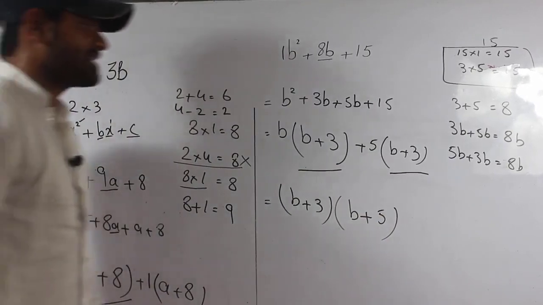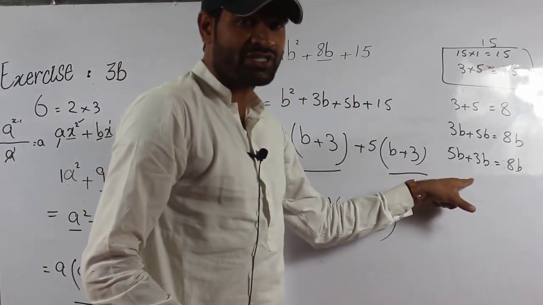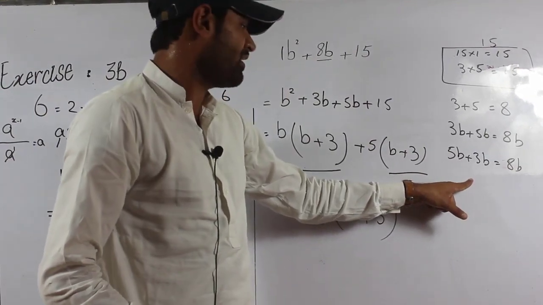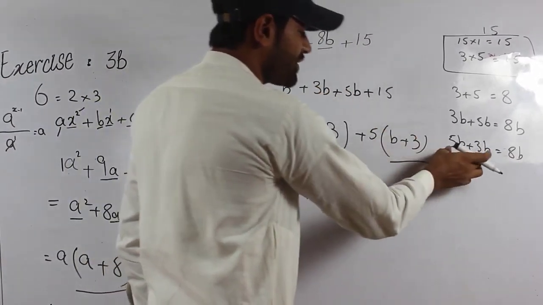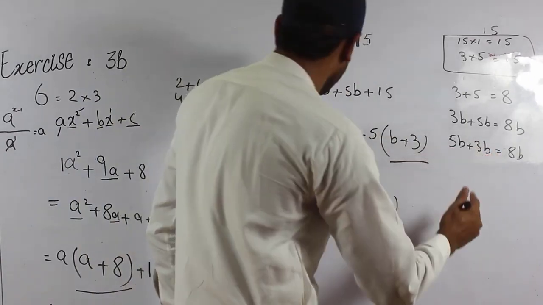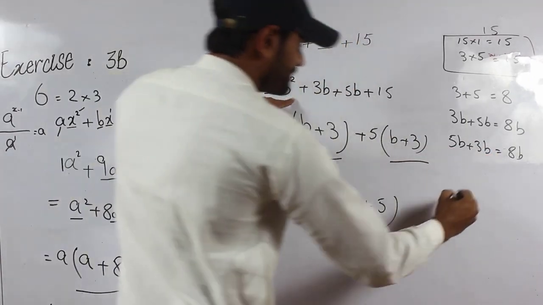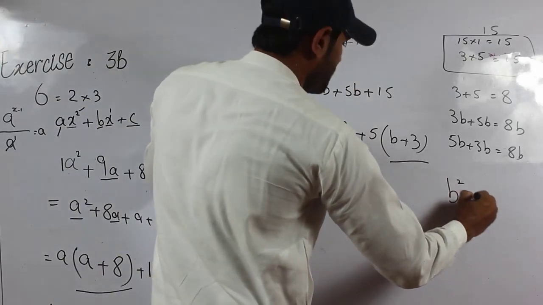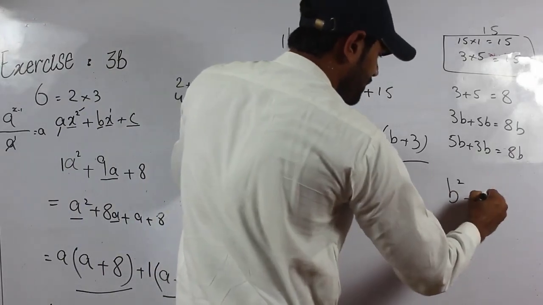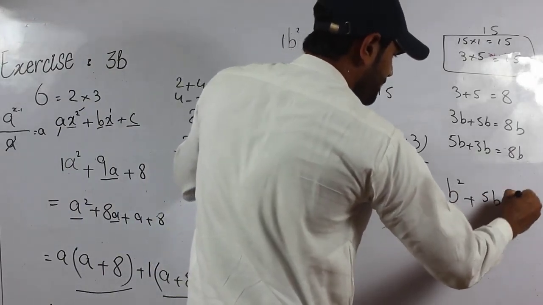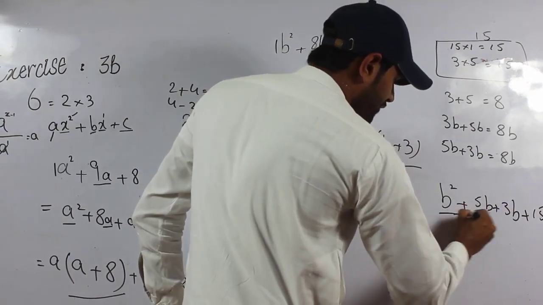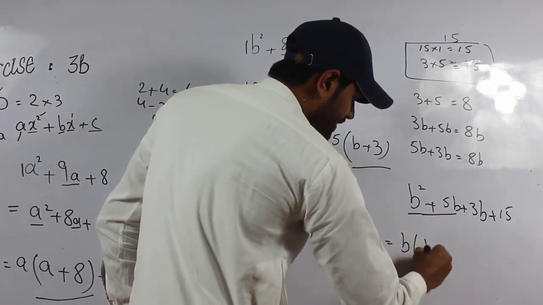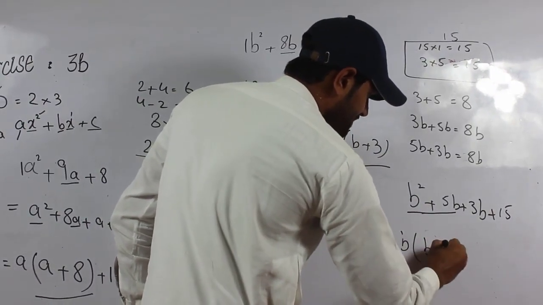As I said, if we change their positions, it does not matter and no change occurs. So I take here 3b plus 5b, but now I change it to 5b plus 3b. So b² plus 5b, I change these two terms' positions. First b is common from the first two terms, so I take b plus 5.